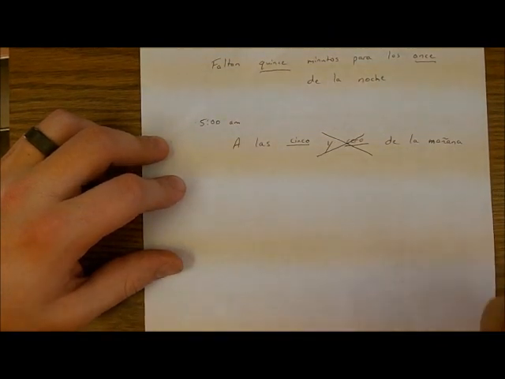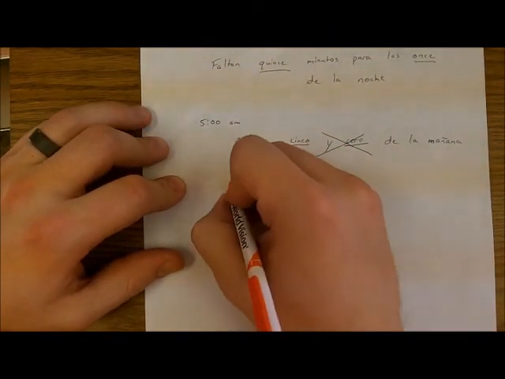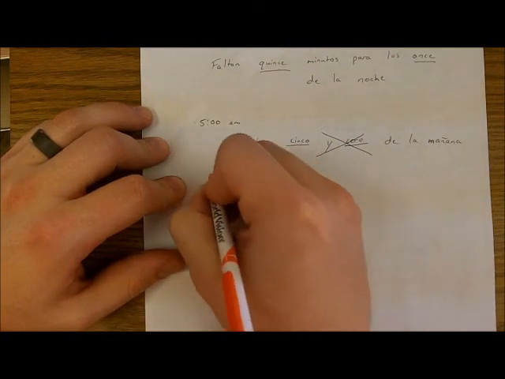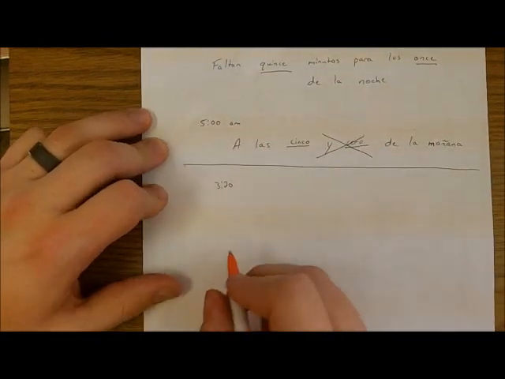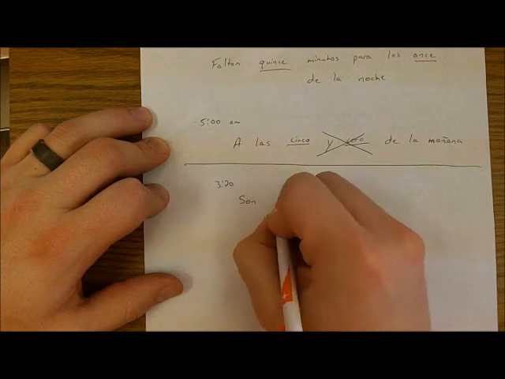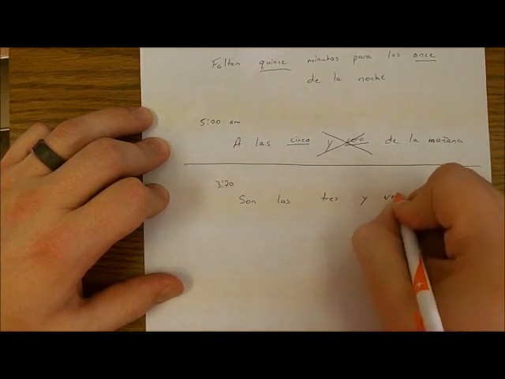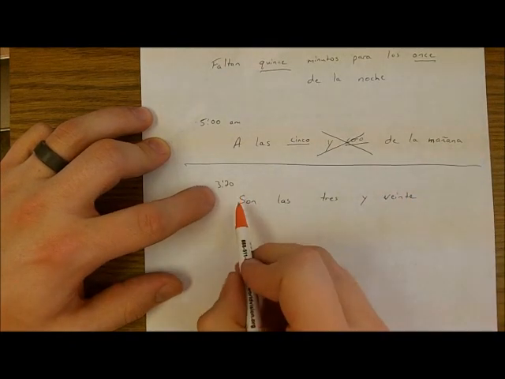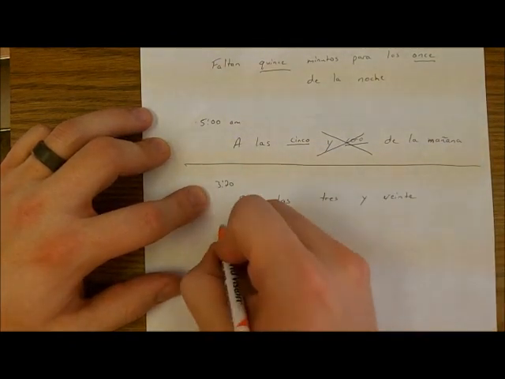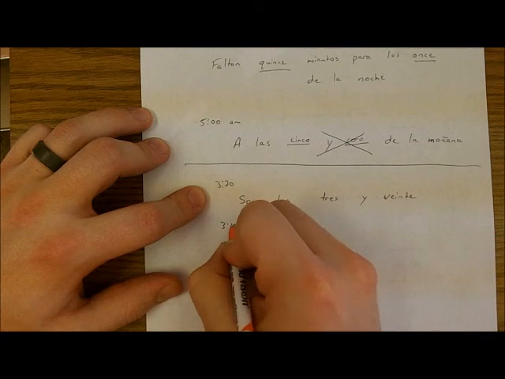Alright, so let's just say it's 3:20. We already know that we're going to use "son las 3:20." So instead of using "faltan" when it's after, let's say it becomes 3:40 now.